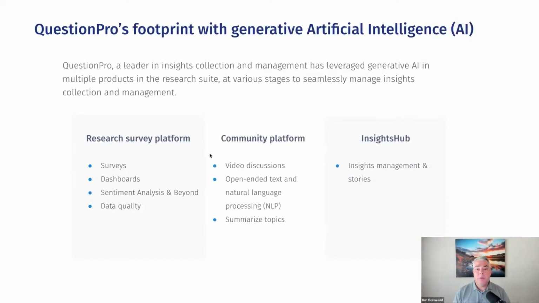All right, I want to talk a little bit about AI. Unless you've been living under a rock, I think you've heard about AI. More and more insights teams are utilizing it, and it's something that QuestionPro was early on in addressing. We were one of the first platforms, if not the first, to get an AI survey generator inside of the tool. So utilizing QuestionPro AI, you can generate surveys.